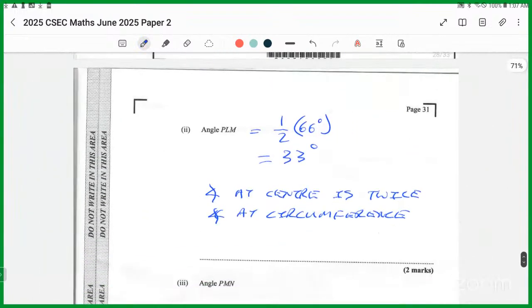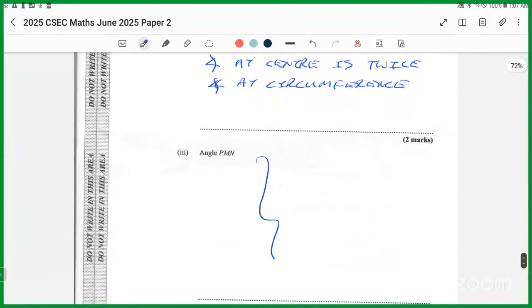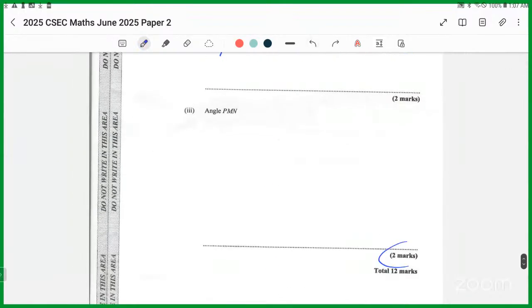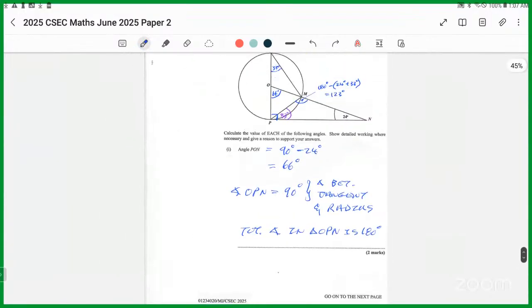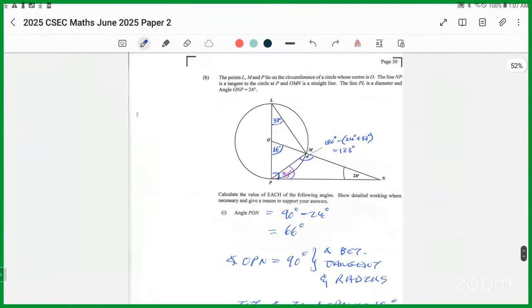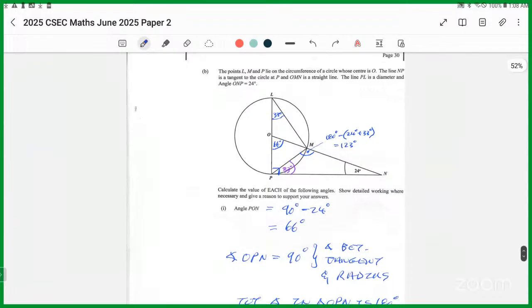So see diagram, I'll make the explanation down here. Two marks for that. If you put the information in the diagram, you'd have to indicate why this is 33 degrees. So let's just show the work.